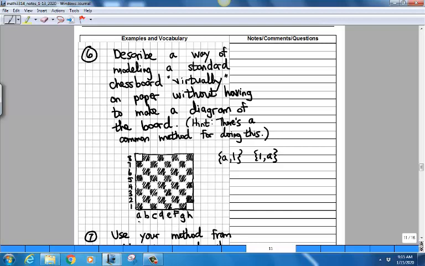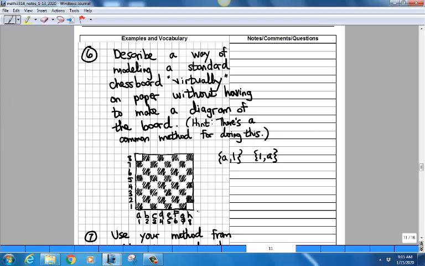If you want, of course, you don't have to use letters for the files. You can use numbers as well, but then you're going to have to be careful about order.